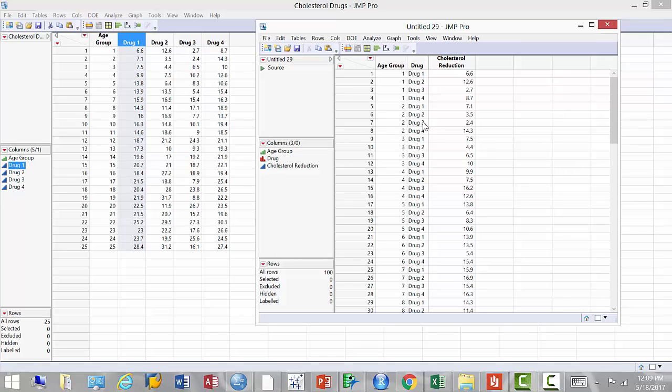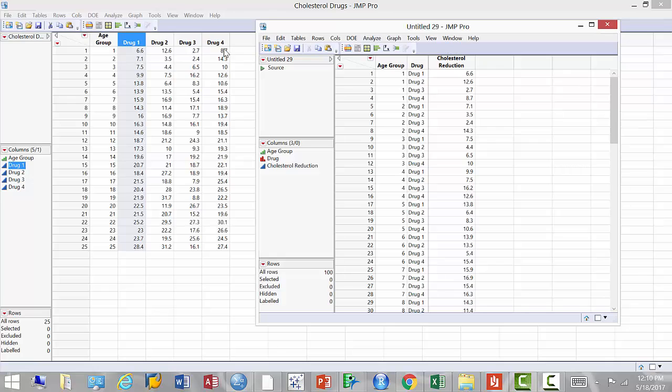And therefore, look at that. First age group 1, 1, 1, 1. So that corresponds to these observations, right? First line. And then it's drug 1, drug 2, 3, and 4: 6.6, 12.6, 2.7, 8.7. So what JMP did is it said, okay, apparently there are 2 things going on. Obviously, factor A is something that goes on in columns, and this is factor B, it looks like. These are 2 different factors of study, right?